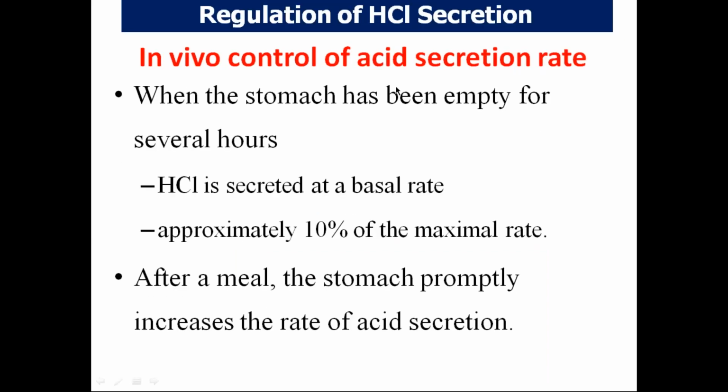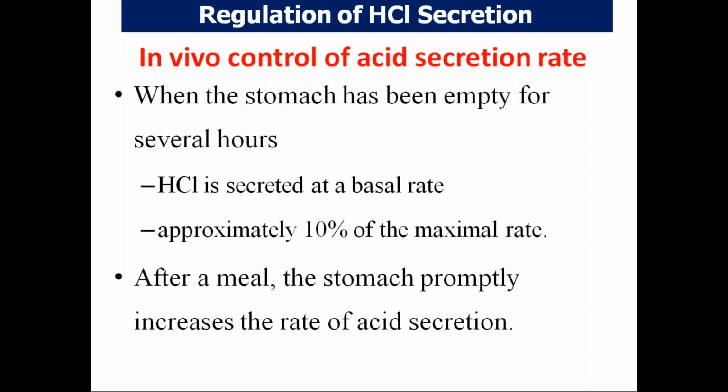Now we come on to another important part, the regulation of HCl secretion. Right? So first you have covered which glands are there, then what gastric juice is, then its components, then how HCl secretion is occurring, and pepsinogen I have also told you. I have also told you a little bit about the mucus secretion.